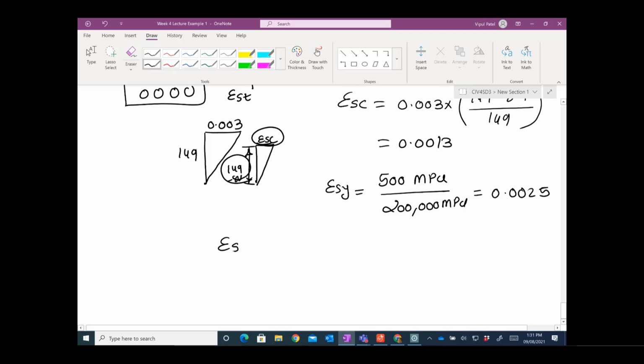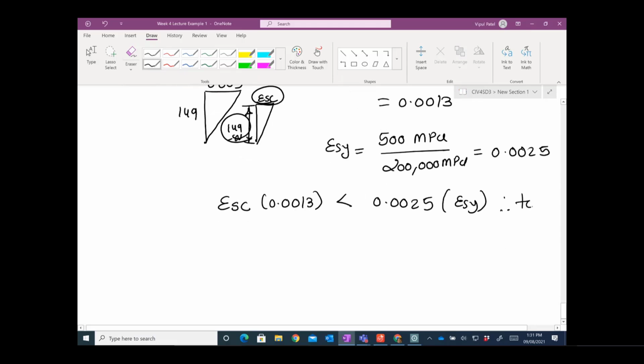Now the strain in the top Rio, which is 0.0013, is less than the yield strain 0.0025, ESY. Therefore, the top Rio is not yielded.